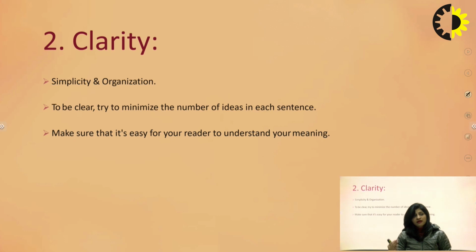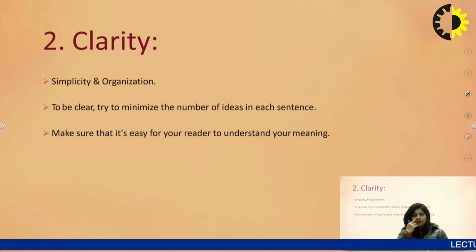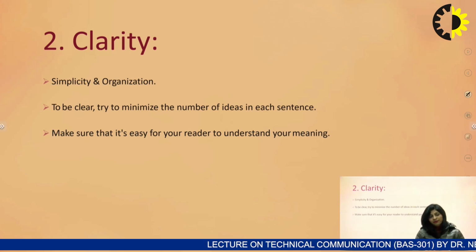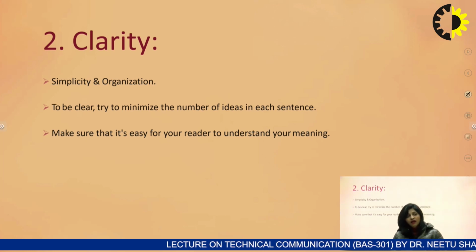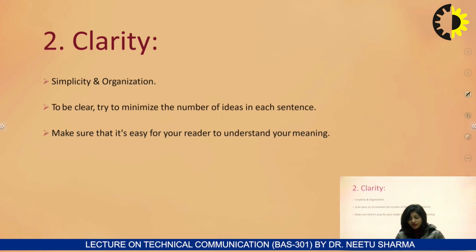Try to understand the understanding level, keep it in mind, and then write your message. Try to use familiar words which are easily comprehensible to the reader. Do not use technical words, or if you are using technical or jargon words in your message, then please explain all of the meaning to the reader.